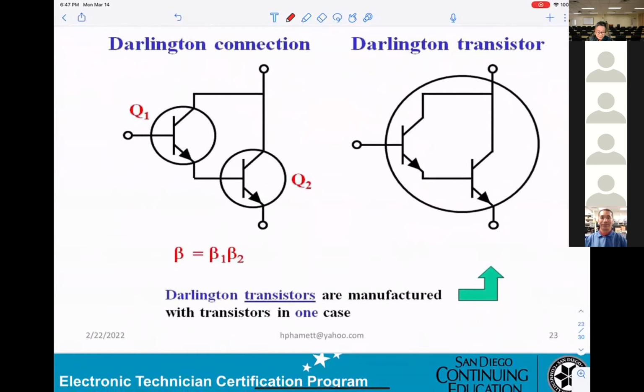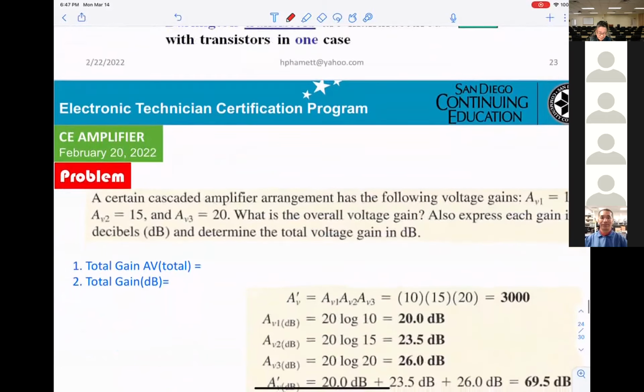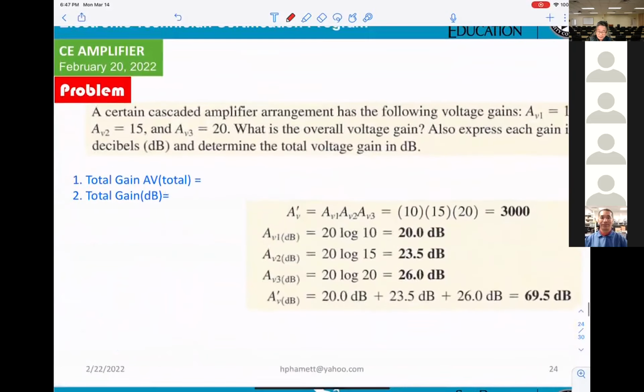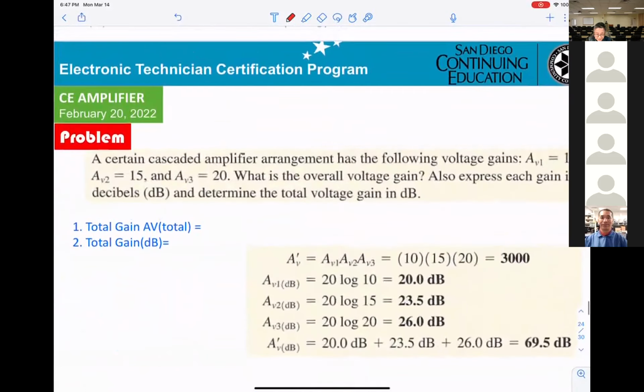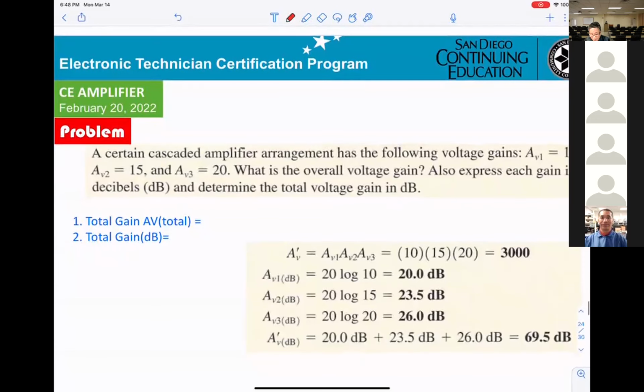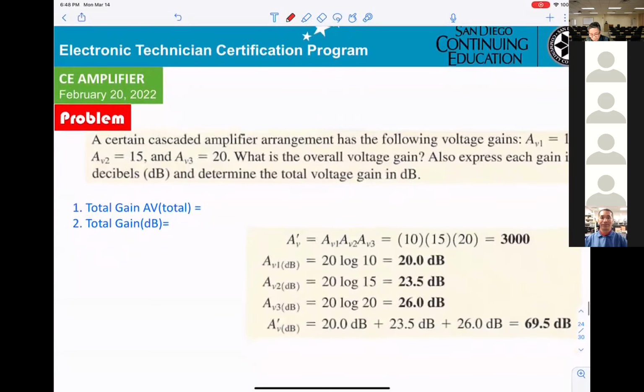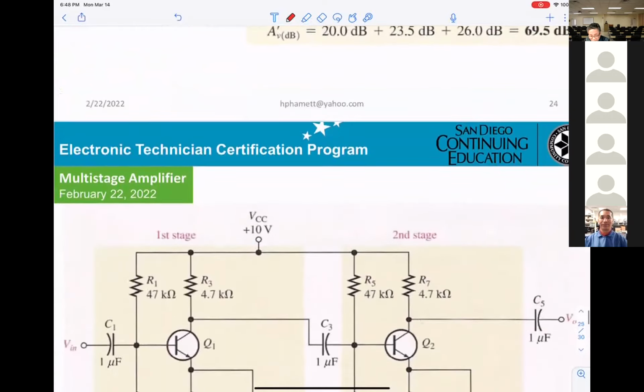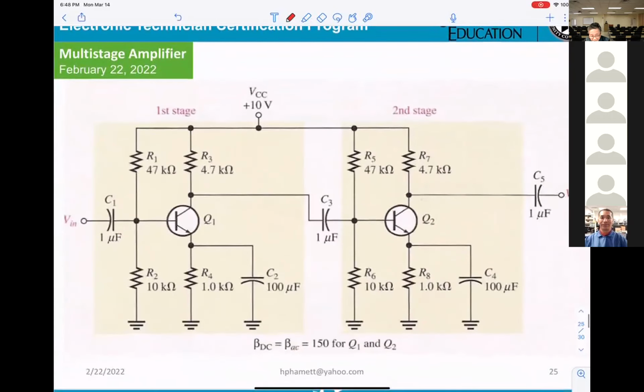Darlington connection, and that will be an example for the DB. We will talk about it after we get through the lecture on the decibel. Now, this one.